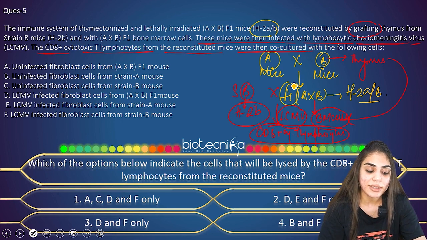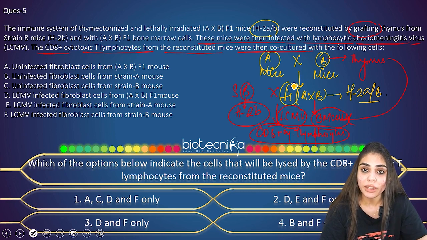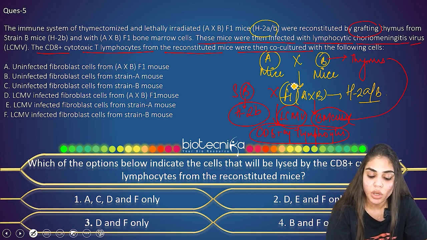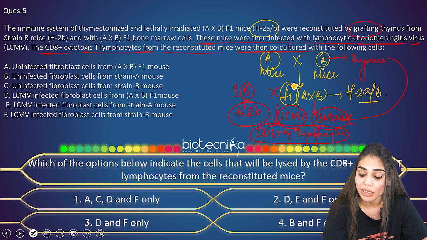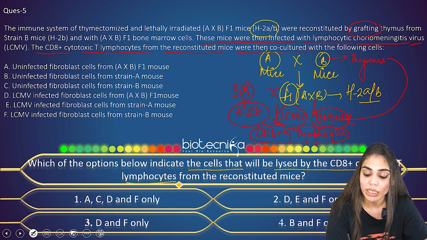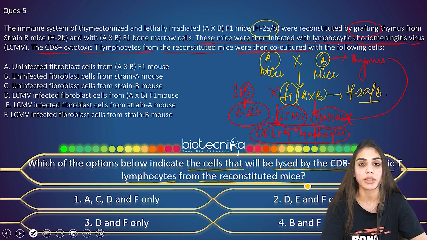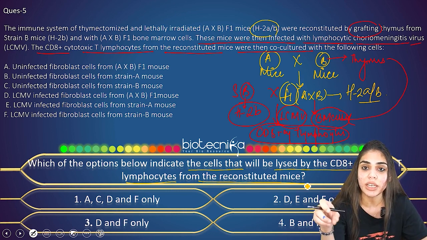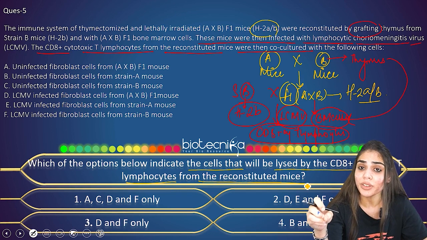So like this, they have given 6 statements. Here we have to identify which of the options below indicate the cells that will be lysed by CD8 cytotoxic T lymphocytes from the reconstituted mice. So they have just reconstituted these mice and after that they have isolated CD8 T lymphocytes.